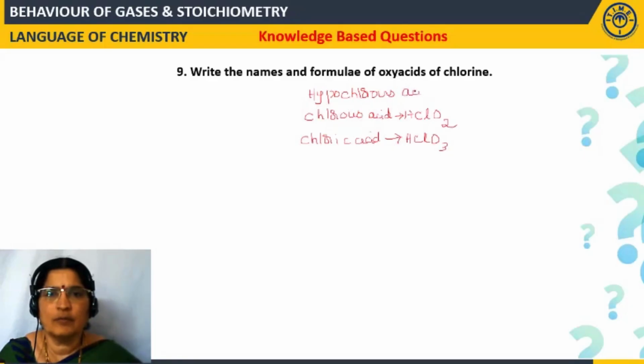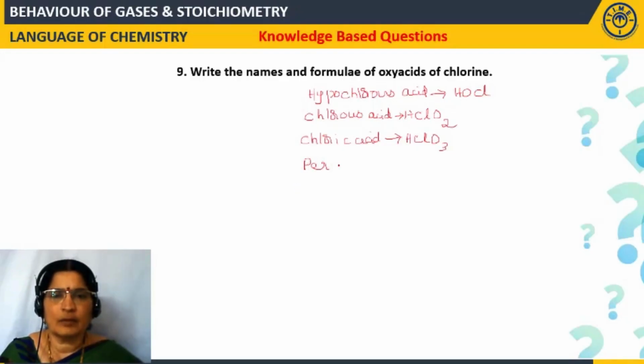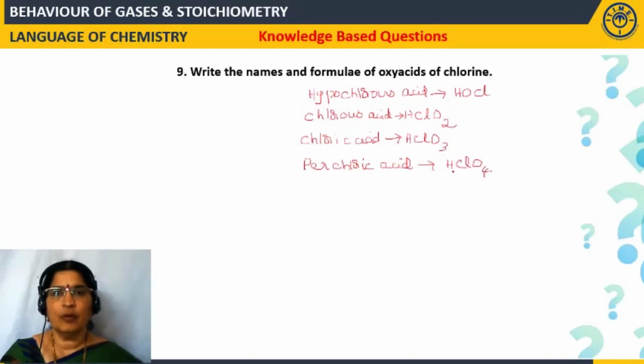Hypochlorous acid formula should be HOCl or HClO. Then perchloric acid, HClO4. These are the 4 oxyacids formed by chlorine. Their formulae and the names.